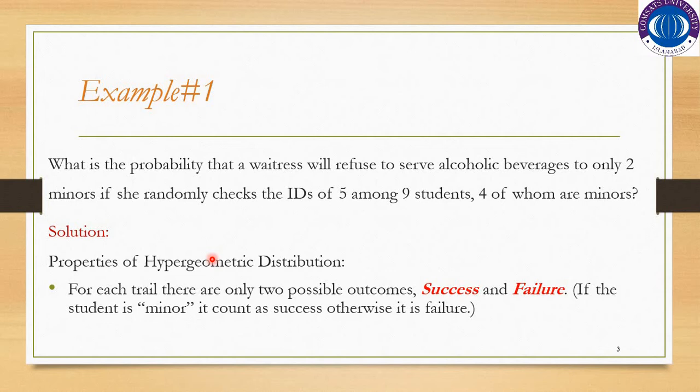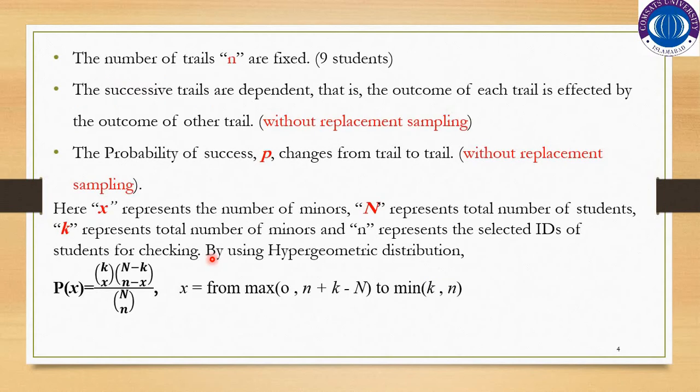That is, she will not check the ID of that particular student. That student is excluded from the sample now. So this is surely the without replacement case, as we are not putting the student back in the sample space again. The outcome of each trial is dependent.